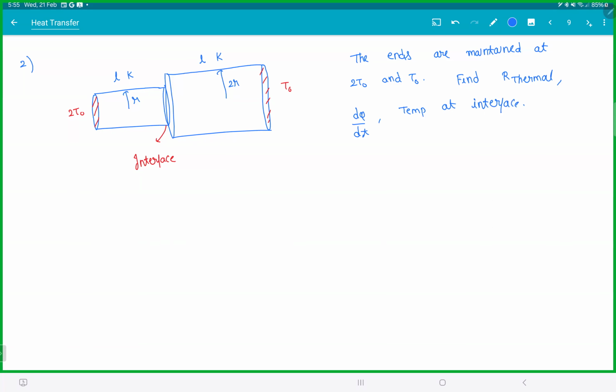Let's get this. We have two rods here, length L, K, radius R, length L, K, radius 2R. The heat is flowing from left to right. Find the thermal resistance, find the heat flow per second, and find the temperature at the interface.